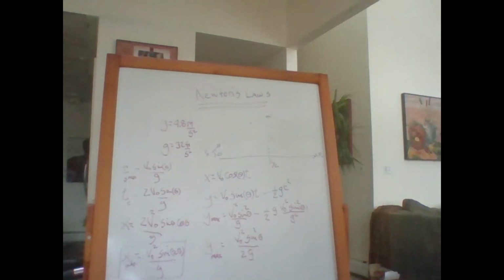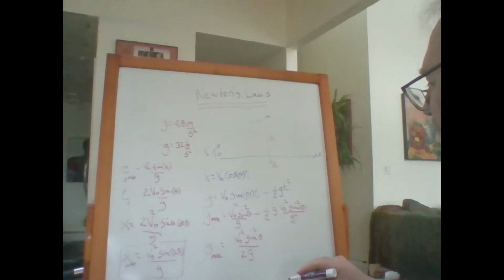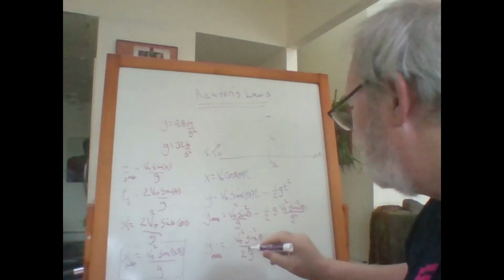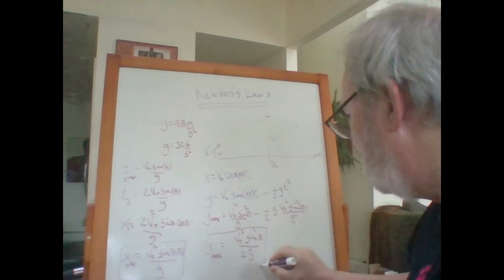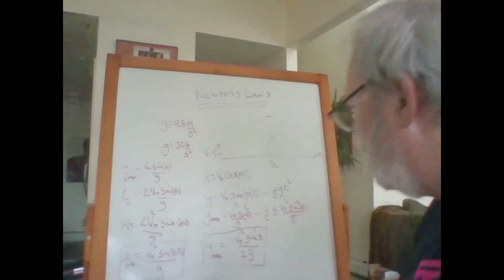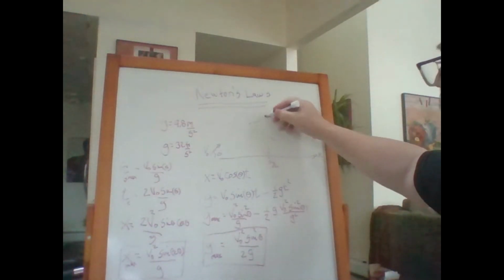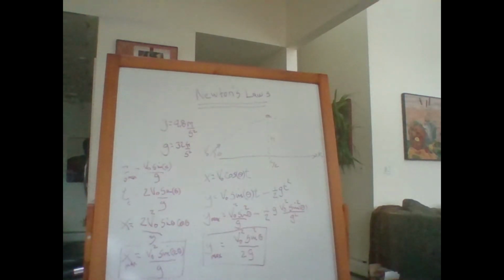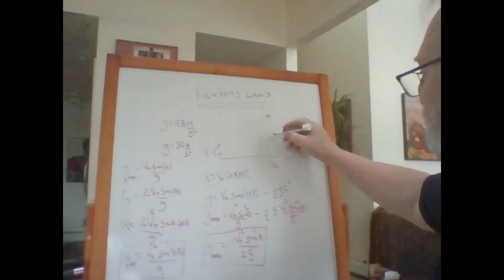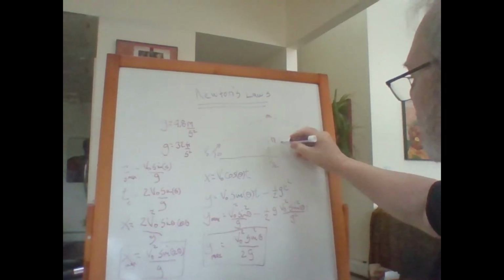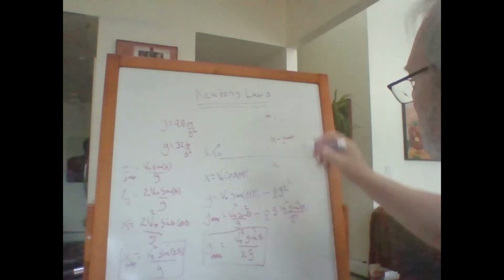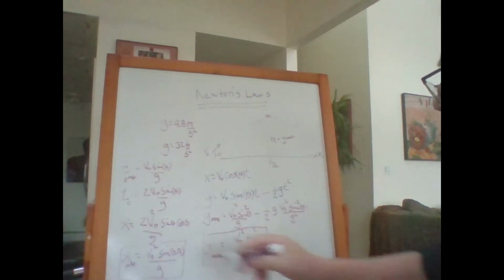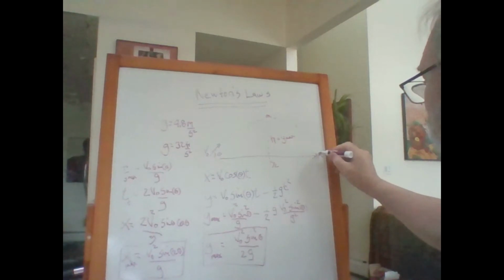That's y max. And so this is our solution to how high the cannonball will go. That's h, or y max. And this is the distance x.